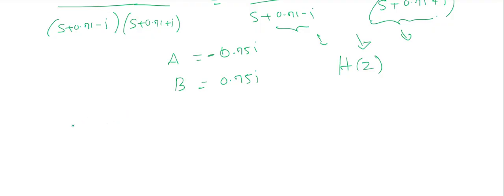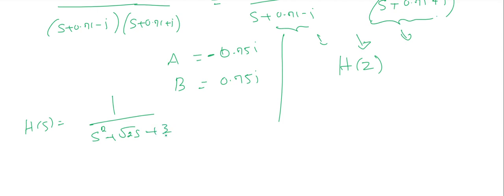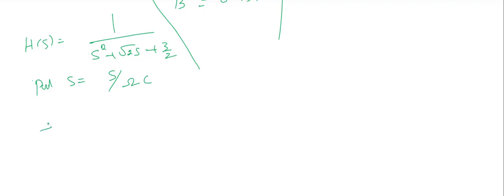So normalization, and one more point. Either you can use this directly. Instead of this, if you find it this way, H of s will be 1 by s squared plus root 2 s plus 3 by 2. Then denormalization: put s equal to s by omega c for the low pass filter.